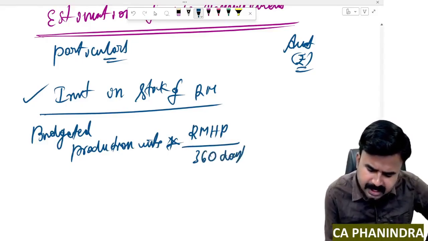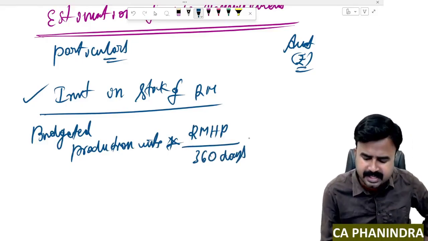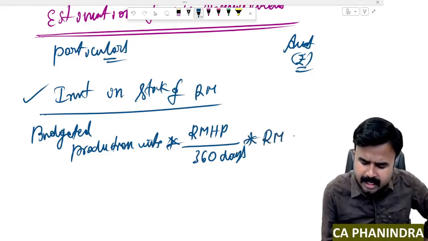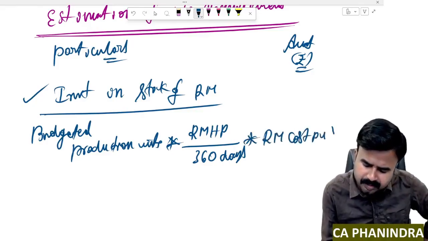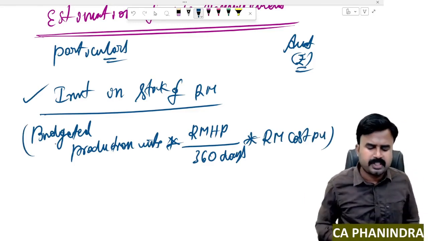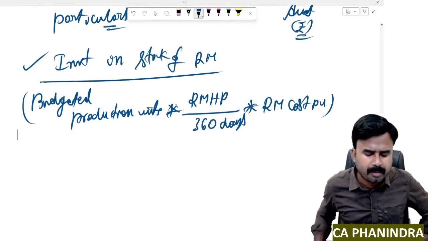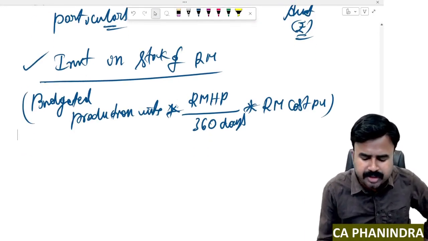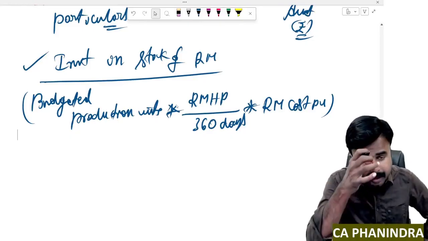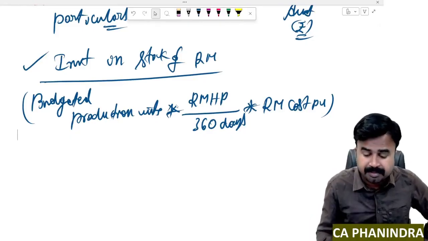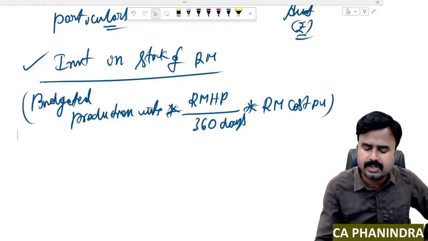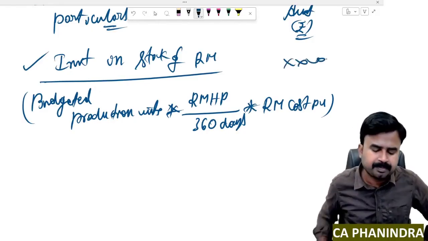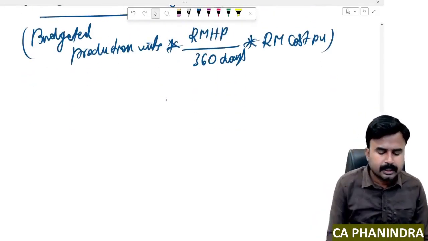For the sake of convenience, I'm taking number of days in a year as 360 days, into raw material cost per unit. This is our first formula, the investment in stock of raw material formula. Write the budgeted production units, multiply that number with raw material holding period divided by 360 days into raw material cost per unit. That gives you investment in stock of raw material. This is the first component.